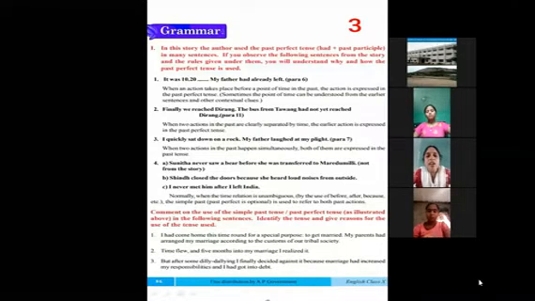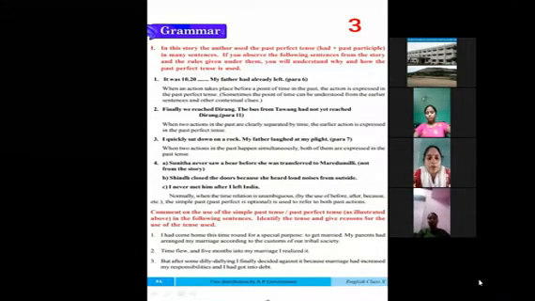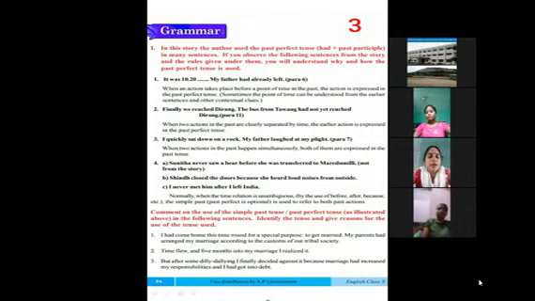Go, went, gone: gone is the V3. So had plus V3 is used for past perfect, and V2, the past form of the verb, is used for simple past tense. So for the first completed action we use past perfect, and for the second completed action we use simple past tense.